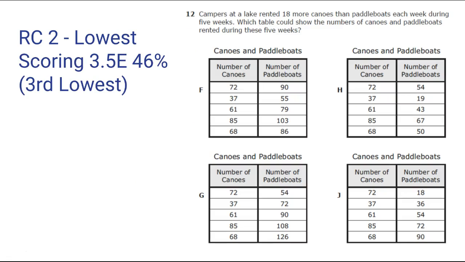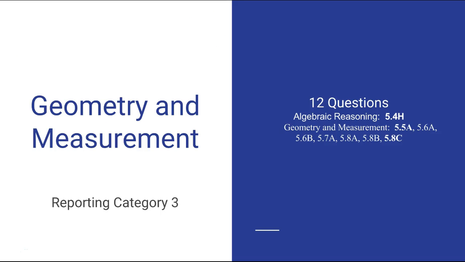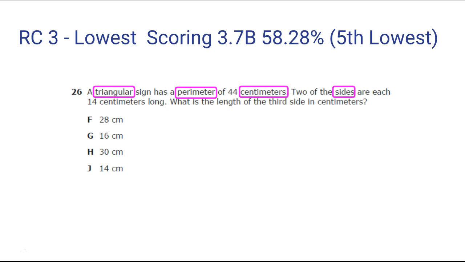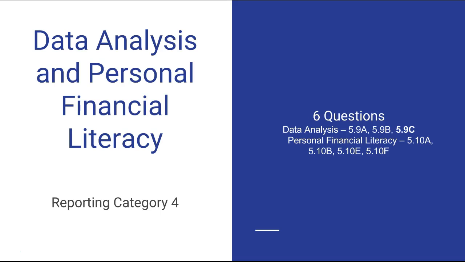Yes, these are all reporting category 2. Okay, geometry and measurement, reporting category 3. On this particular one, notice the importance of the vocabulary. And then reporting category 4.